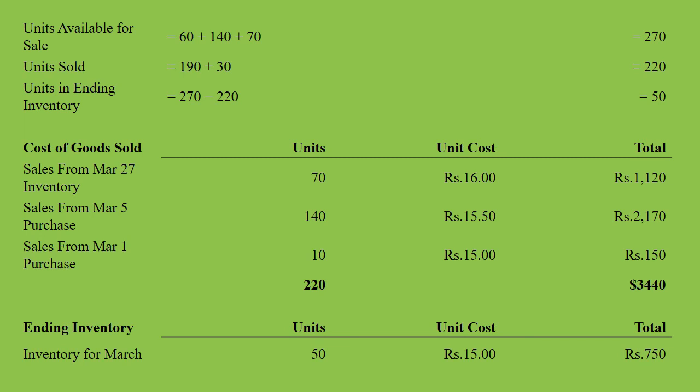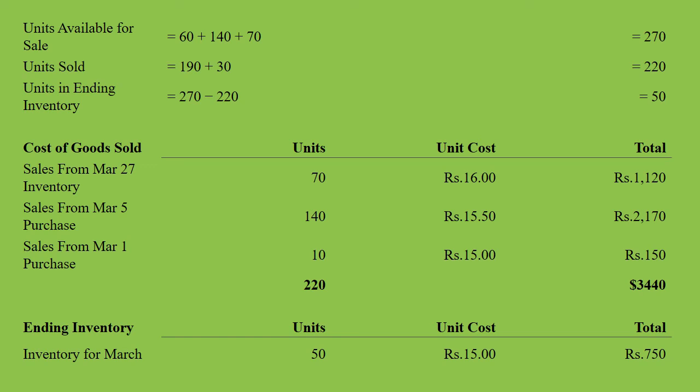The last transaction was the purchase made on March 27th. So we have 70 units of March 27th, then 140 units of the March 5th purchase, and from the opening inventory of 60 units we need only 10 units, so we take 10 units from the March 1st opening inventory. That's the calculation for the entire cost of goods sold.